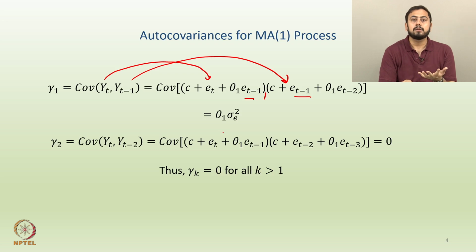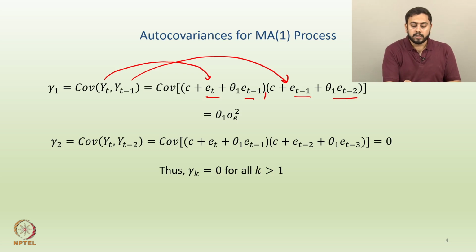According to the assumption, all the errors are IID, so for example the covariance between e_t and e_{t-2}, which are completely different error terms, is 0 as the errors are independent.